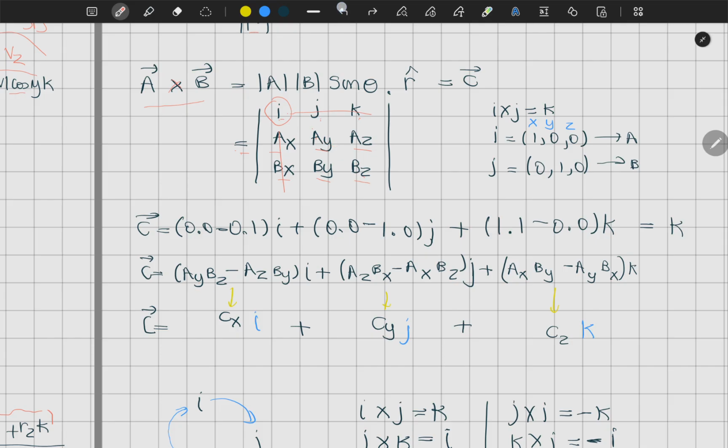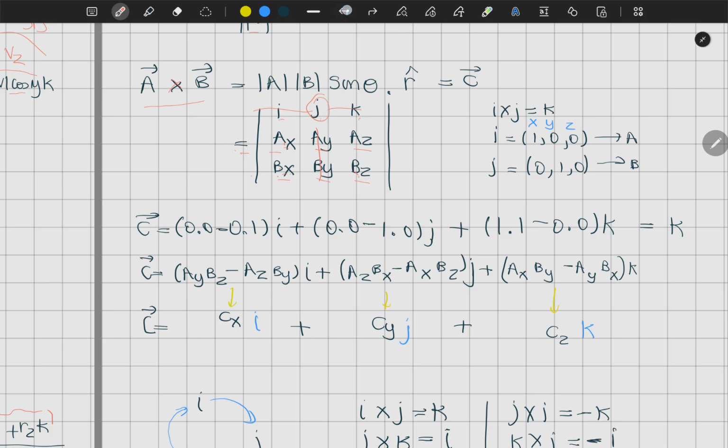And then you're going to continue further, and then you're going to solve them according to J. Just repeat what we say. So it's going to be AX times BZ, and then negative BX times AZ. That's what you see here. Okay.